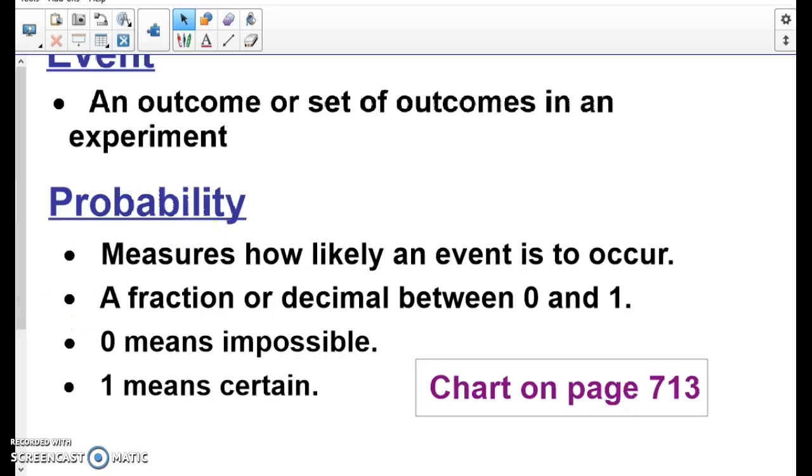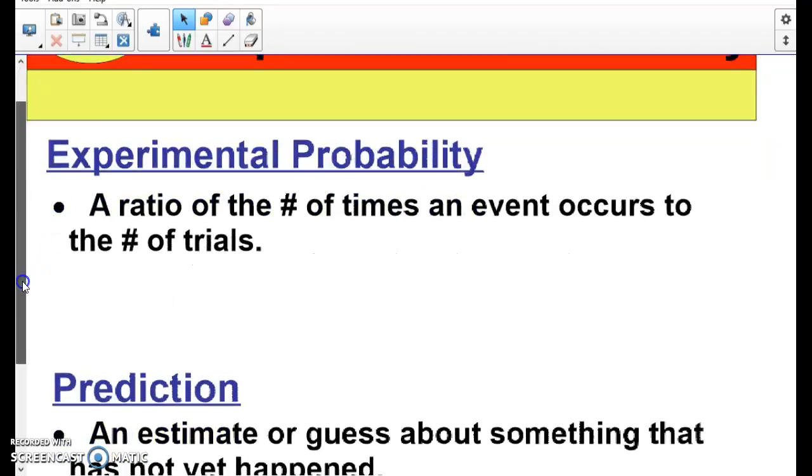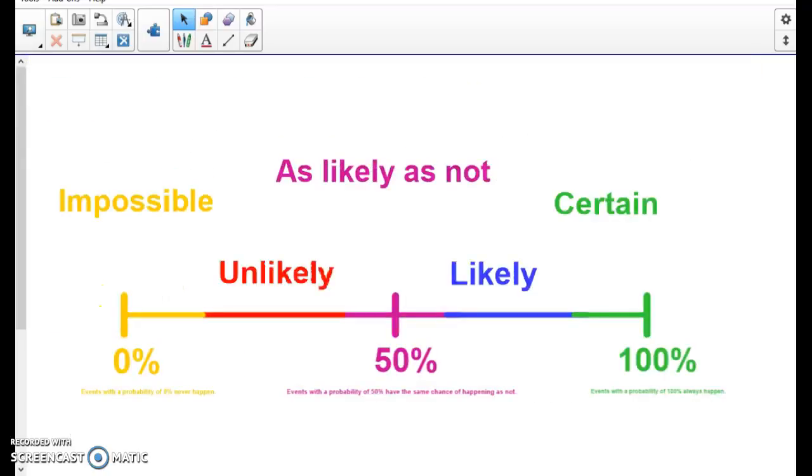So experimental probability is the ratio of times it occurs versus the number of trials. So what actually happens, not what we think is going to happen. And then our prediction is what we guess. And there's kind of a little map here: something that's impossible to happen versus unlikely to happen, as likely as not, so about a 50-50 shot, likely, or certain.